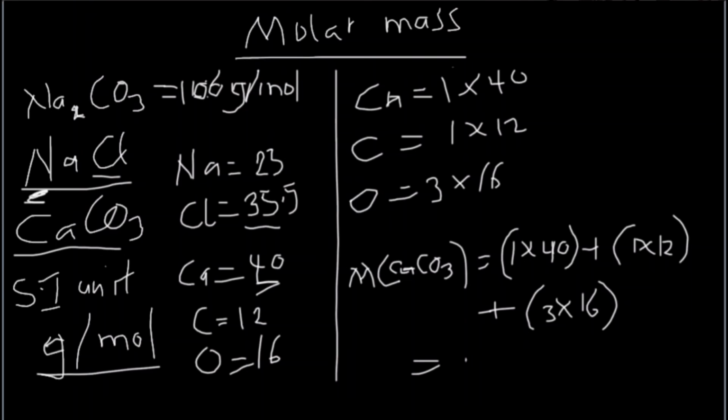So 1 times 40 is 40, plus 1 times 12 is 12, plus 3 times 16, which is 48. So the total will be 12 plus 40 plus 48, which will give you 100. And it has a unit, grams per mole.